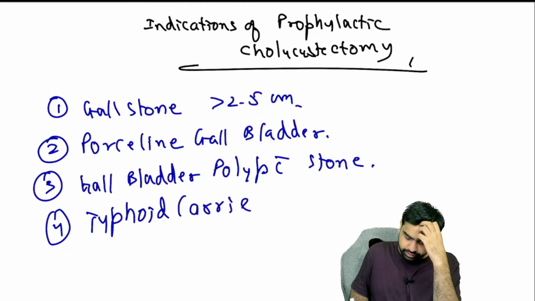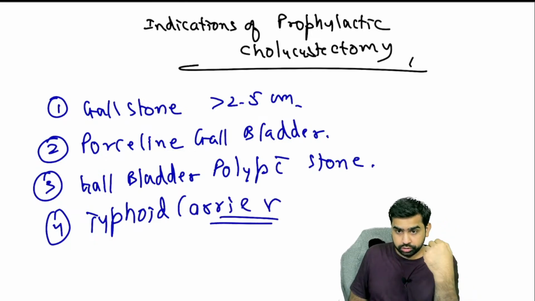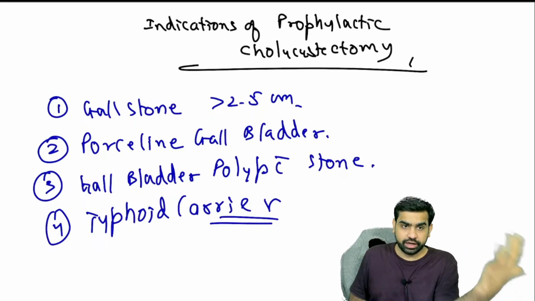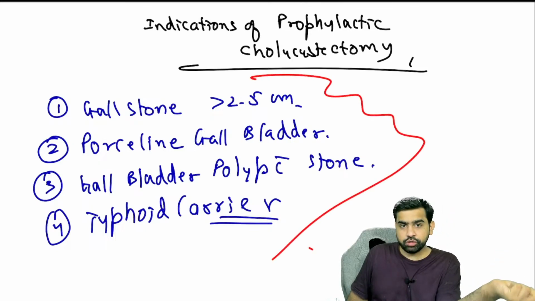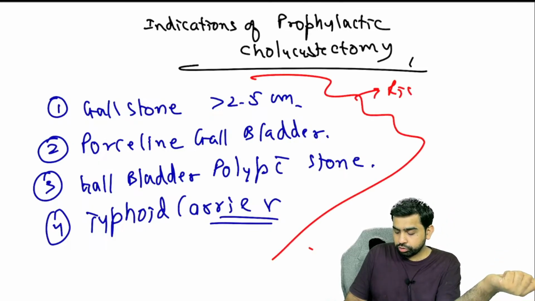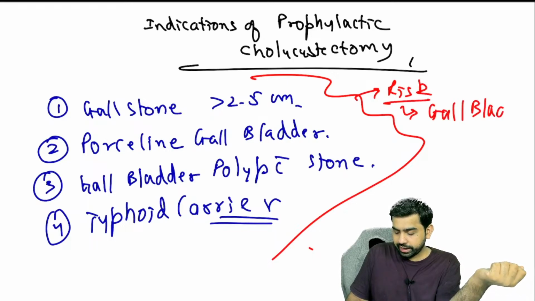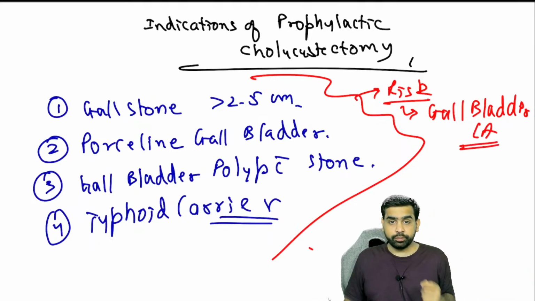Just remember these. There are others as well: hemolytic disorders, bariatric surgery, transplant recipients. All these are indications of a prophylactic cholecystectomy, but at least remember these four. Why are these four indications of a prophylactic cholecystectomy? Because all these are risk factors for the development of gallbladder carcinoma. That is what you need to understand over here. I hope you have understood, right?